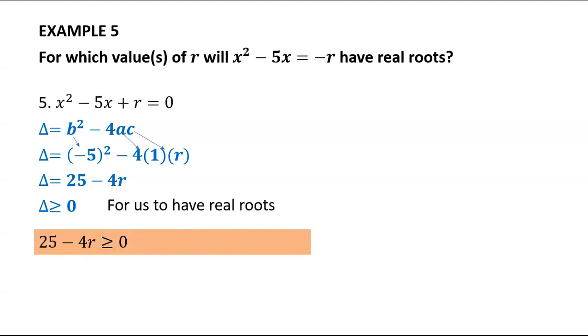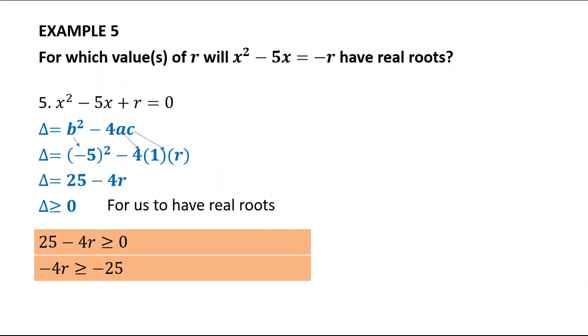This is a linear inequality, so we'll just have to transpose 25 to the other side. It will be -25. Please note that when you transpose, the inequality sign does not change. It only changes when you divide by a negative or multiply by a negative. I don't have a choice here.